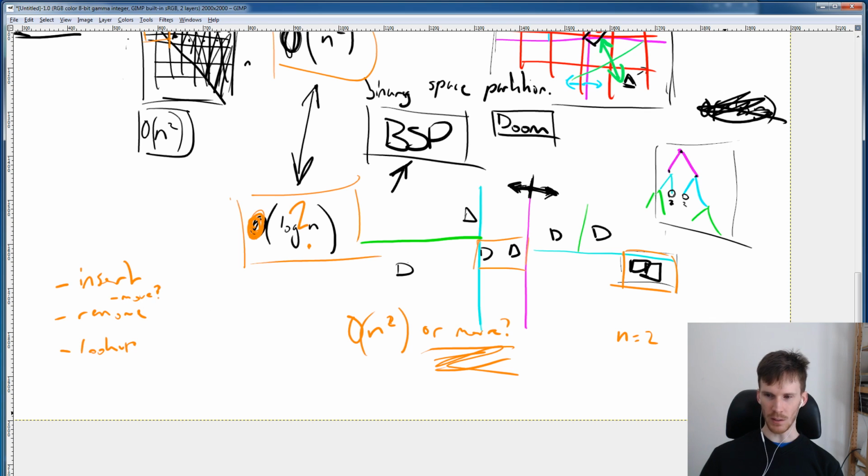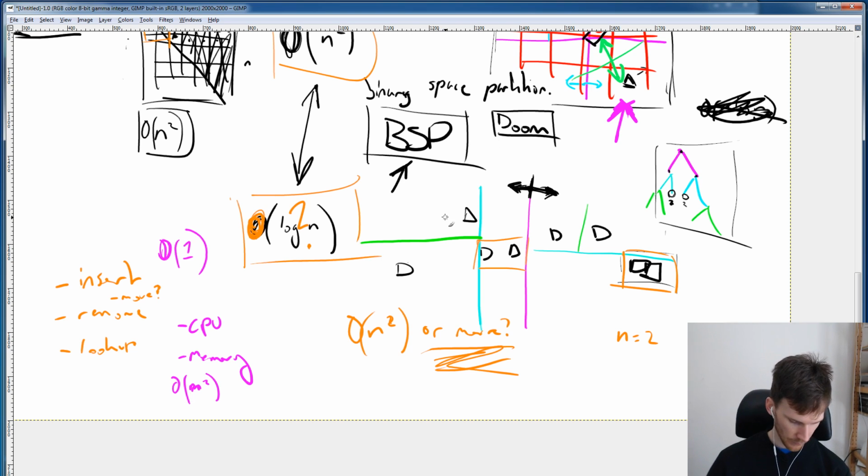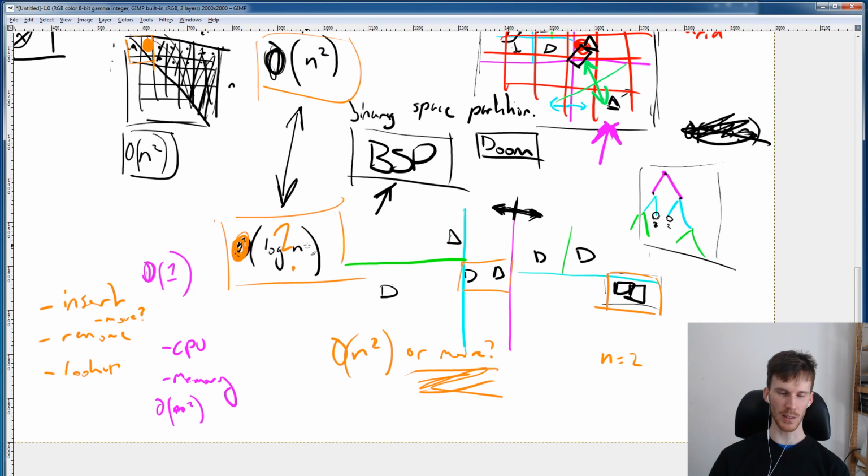But then you have CPU cost, and so you can imagine a grid structure uses a whole lot of memory, but insert, remove, and lookup is probably like O(1) in many cases for CPU, but it's O(M squared) memory, where M is the number of cells on a side. So that's sort of the trade-off situation for space partitioning.